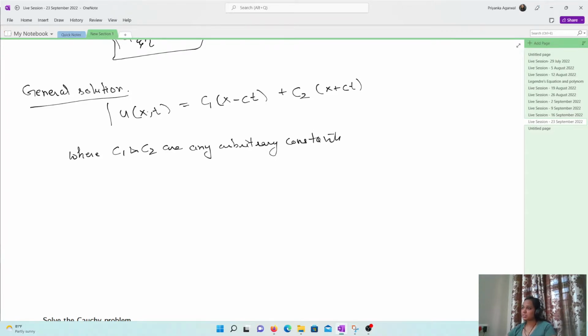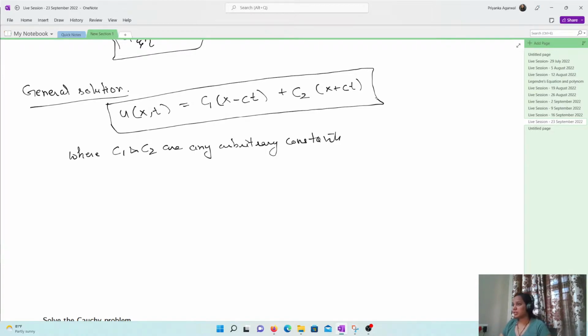Now you see this is the general solution, and if we just know C1 and C2, we can actually get the solution. So for that, we use D'Alembert's formula and find the solution. As you would have seen in the lecture, this is how C1 and C2 are written.